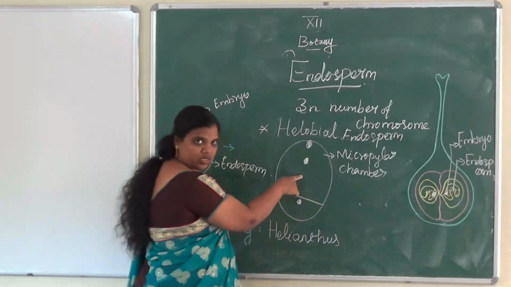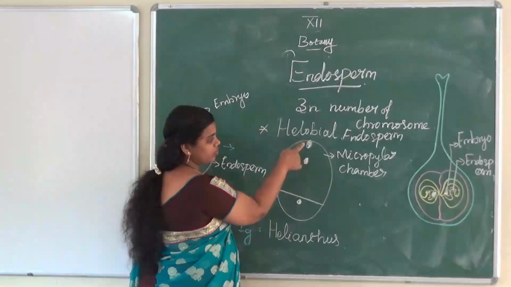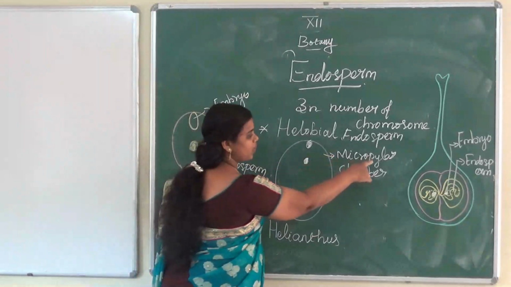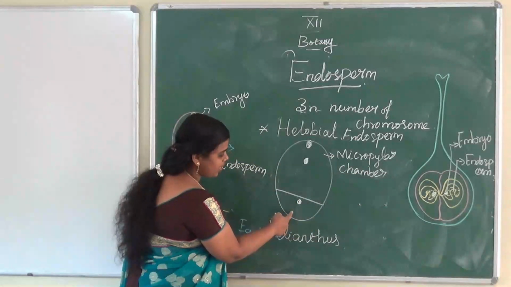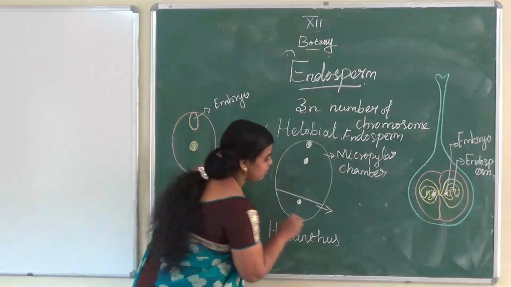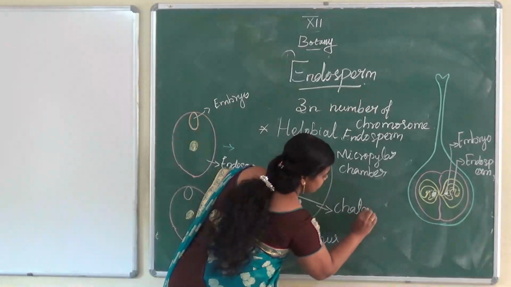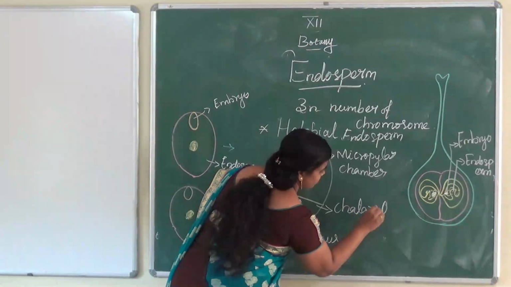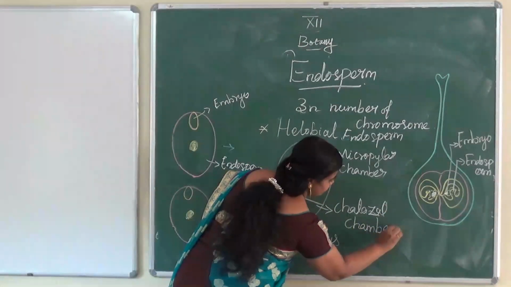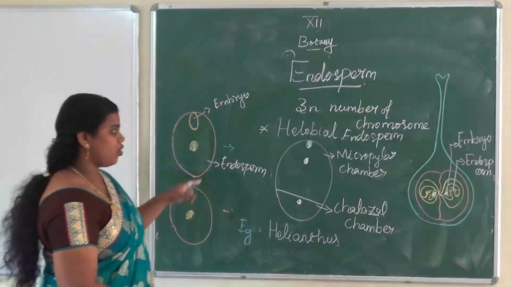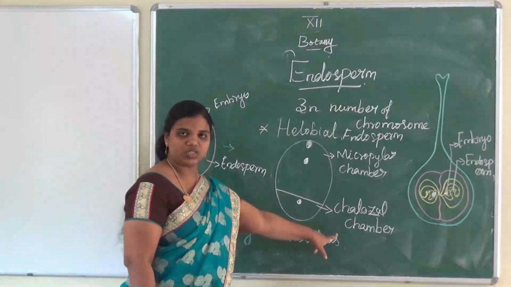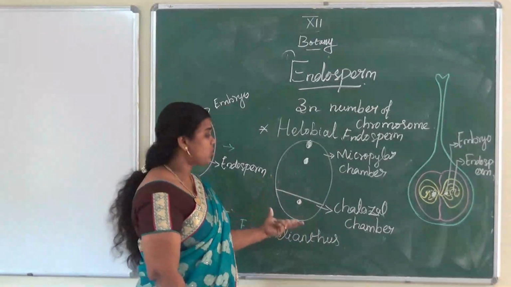One chamber is larger, with the nucleus at the micropylar side, so you have to say micropylar chamber. And the other nucleus is at the base, the chalazal side, a small chamber, so we write chalazal chamber. The larger chamber is the micropylar chamber and the small chamber is known as the chalazal chamber. They also differ.